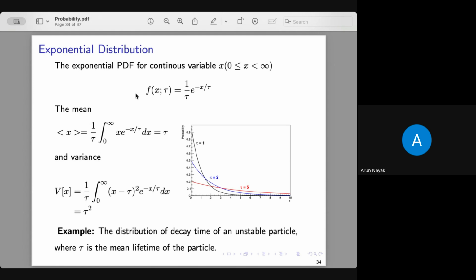So the PDF for the exponential distribution is given as 1 over tau times e to the minus x over tau, where tau is the mean lifetime parameter, and you can see the distribution of x for different values of tau. As tau is larger, the maximum value is decreasing, but the tail increases.